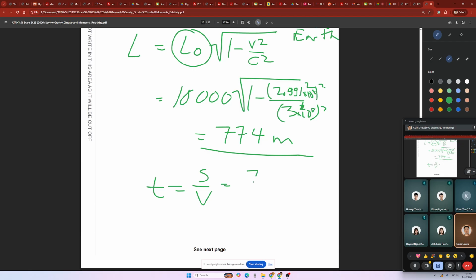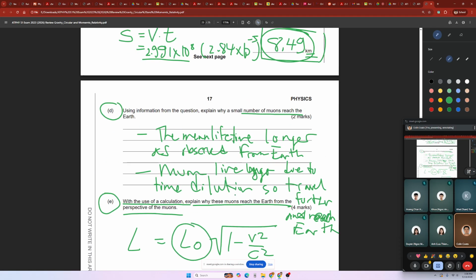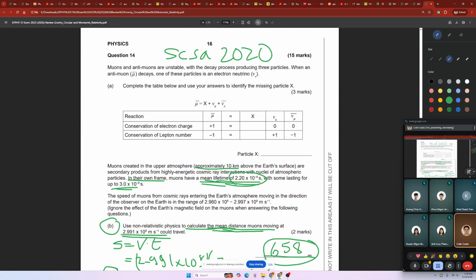So there's that length contraction. It's traveling at that velocity. And what happens is we get a number that we now compare to its mean lifetime.